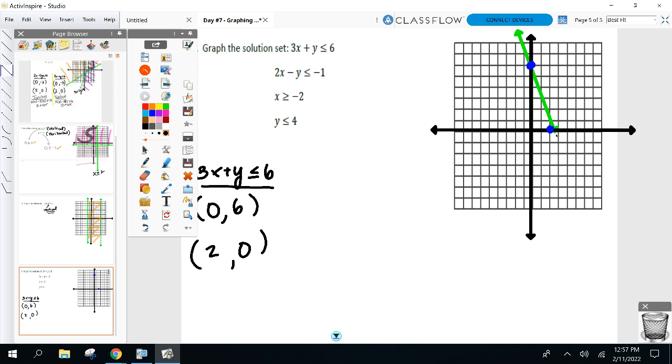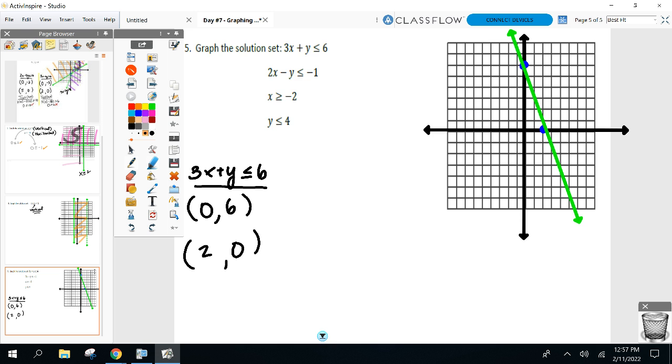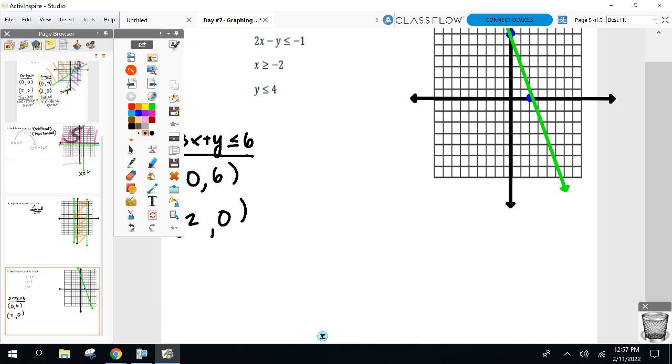Hopefully you're not getting ahead of me because I'm not going to do something we usually do here. Everyone all right with the graphing of the line? Straight edges, please. We're all good? 0, 6, 2, 0. Okay, test the point. Here we go. Test 0, 0.